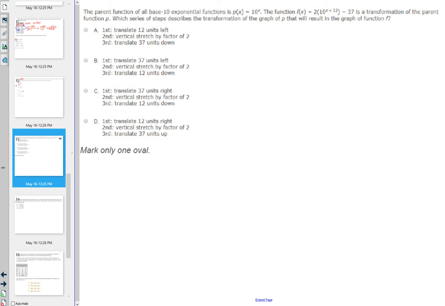The parent function of all base 10 exponential models is blank, okay? Then they give you a new function. And they just want, okay, so this is just a transformation problem. Let's identify A, H, and K. What number's in the A position of this function over here? 2. What's in the H position?